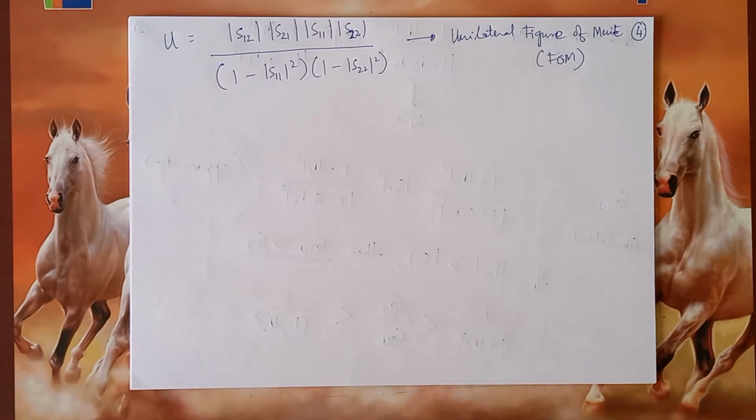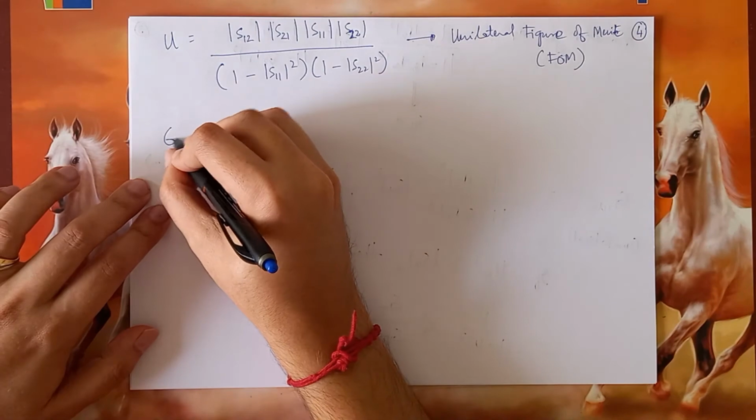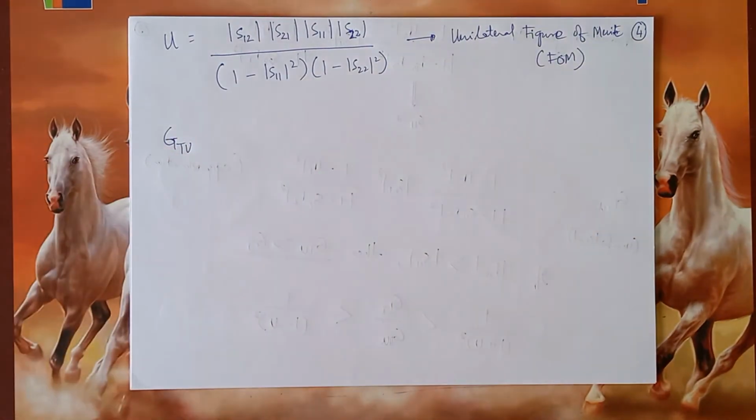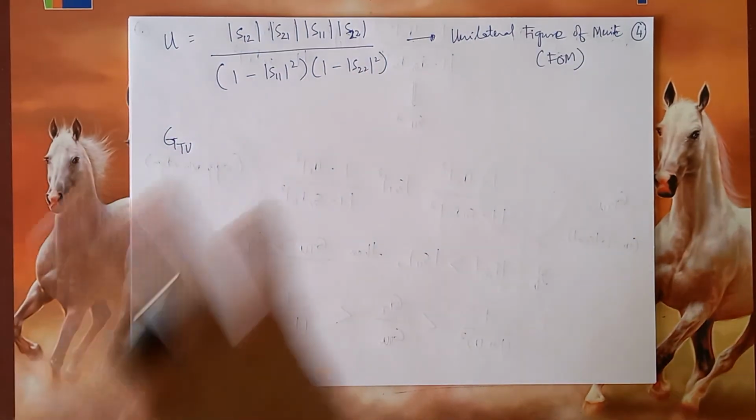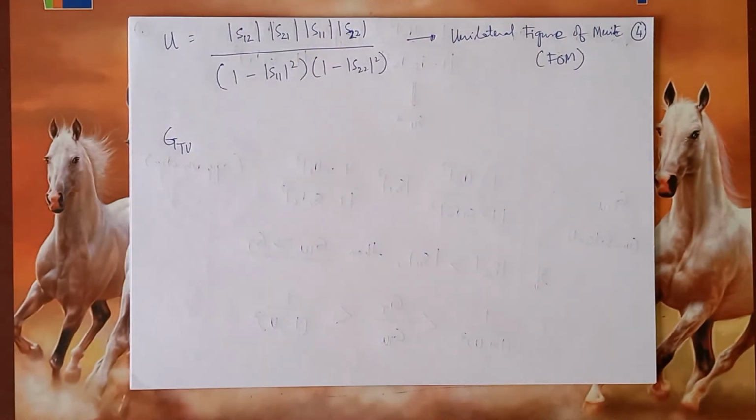So, having said all that, let us now consider what is GTU. Suppose we have the MMIC, which is non-unilateral, and we have said that we will still assume that the gain is largely unilateral, and let us say we have a small error that is governed by U, and we are happy with it.